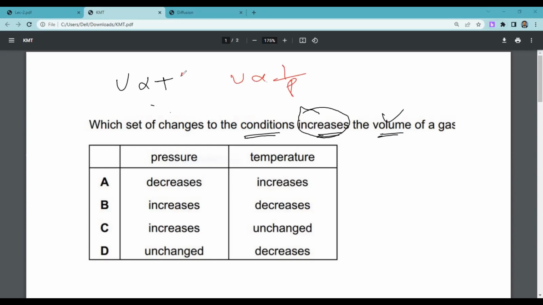It means that an increase in temperature will also increase the volume of gas, and a decrease in pressure will also increase the volume. Here we find the correct option: the decrease in pressure and increase in temperature increases the volume of the substance.